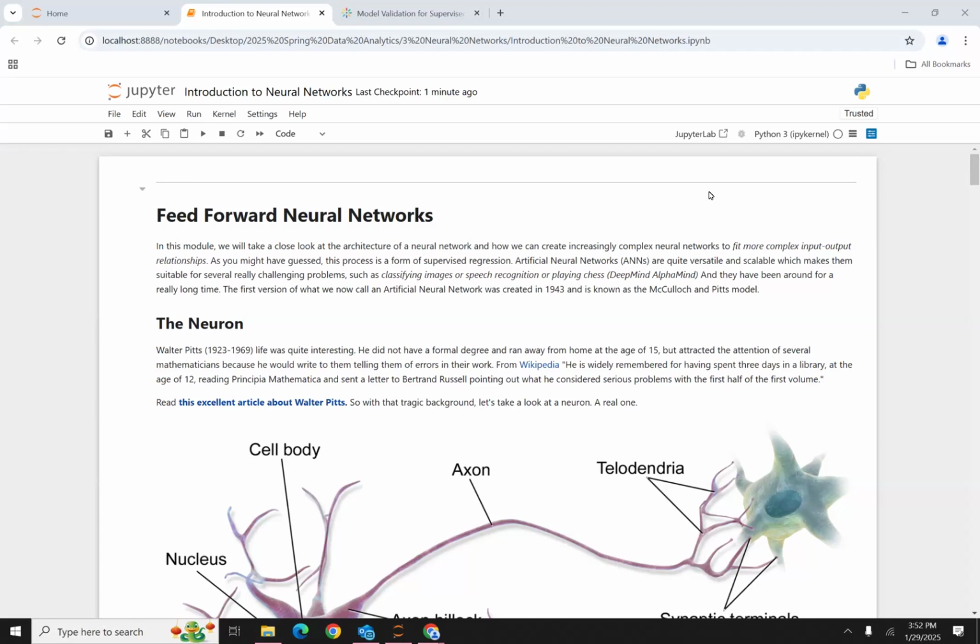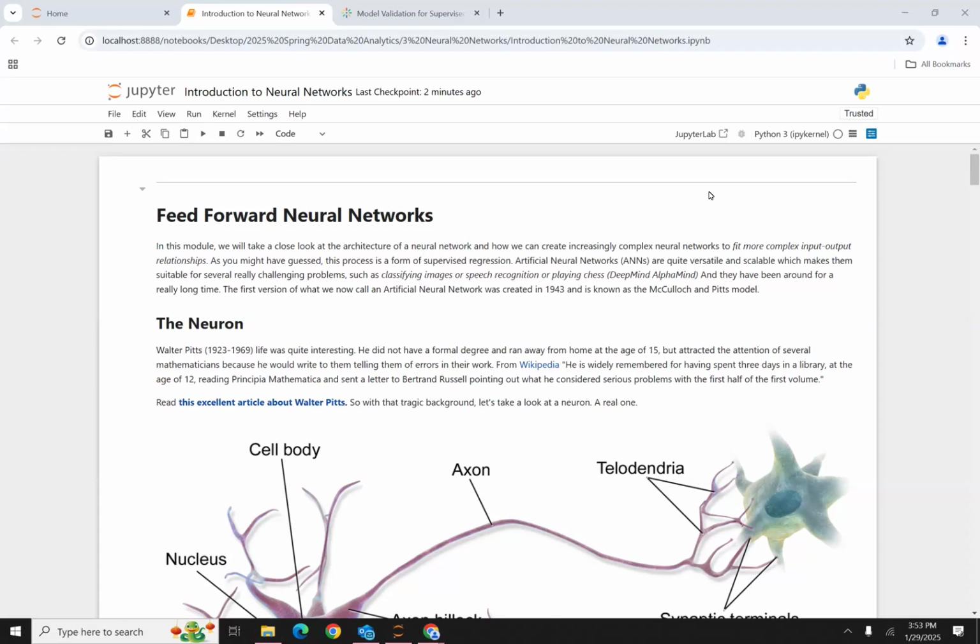Finally, we'll look at an example where we use a Python library called scikit-learn, and we will implement a neural network to fit a neural network model to highly nonlinear data.